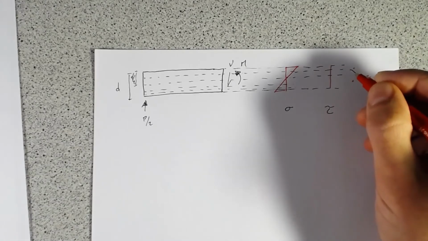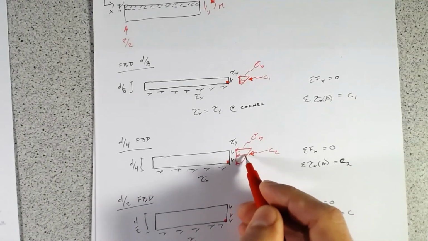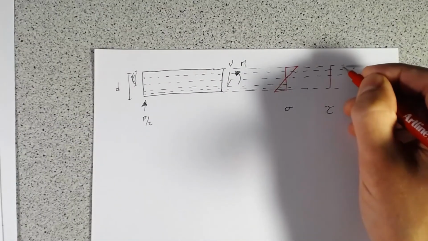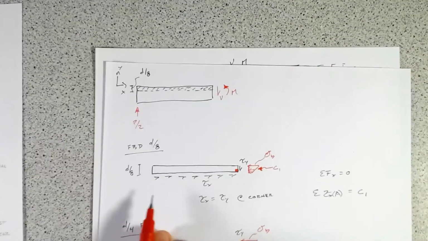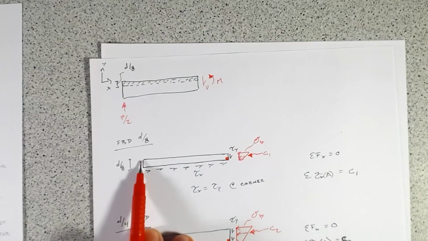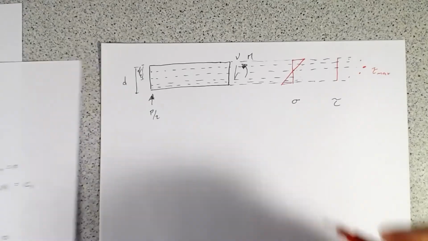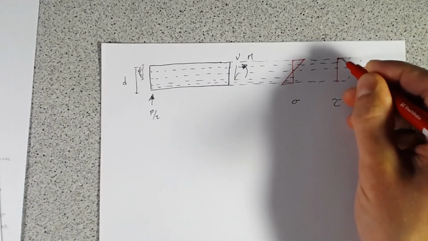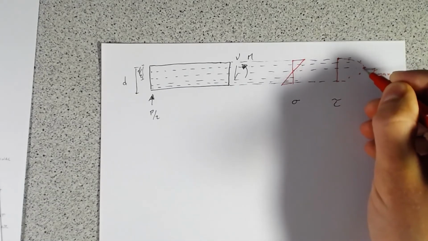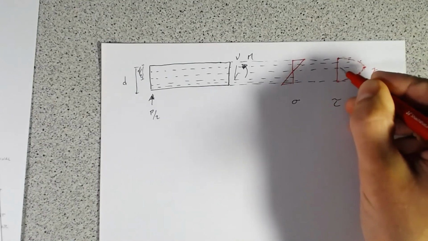When we get to D over 8, it's a much smaller area here, so that's going to start coming back. And right at the very edge, there's no real compression force there, so we have to come back to 0. So we end up with a shear stress distribution that looks something like that.